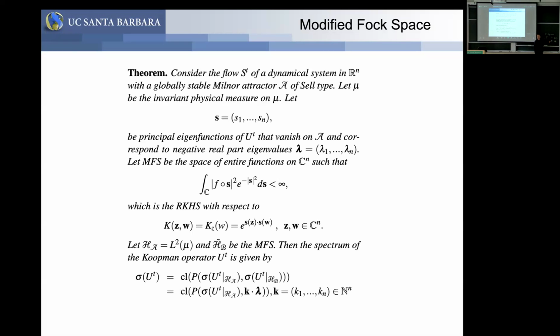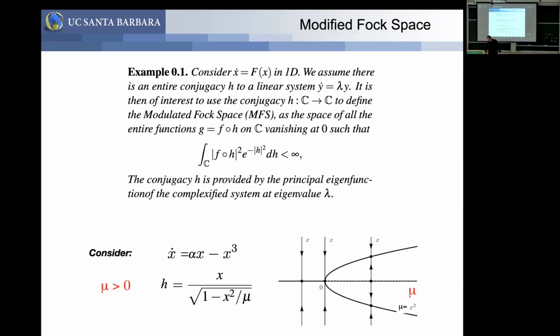So it's normal that if the nonlinear system doesn't preserve the e to the minus z squared over 2, well, e to the minus h squared over 2 will, because that's actually associated with the linear part. That's how you get, with a little bit more work, and maybe many eigenfunctions, these spaces that I called modulated Fock spaces, in which you get interesting results.